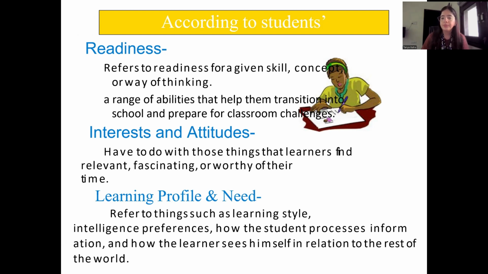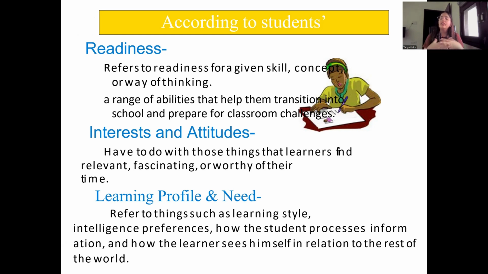Interest and attitude have to do with those things that learners find relevant, fascinating, or worthy of their time. So we cater to the interests and attitudes of the learners. Learning profile and need refers to the learning style, intelligence preferences, how the student processes information, and how the learner sees himself in relation to the rest of the world.